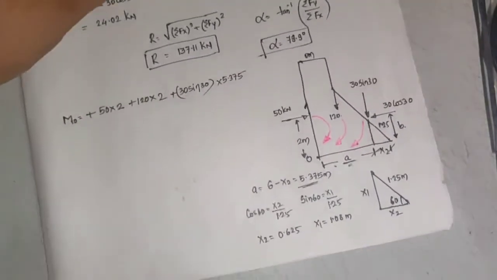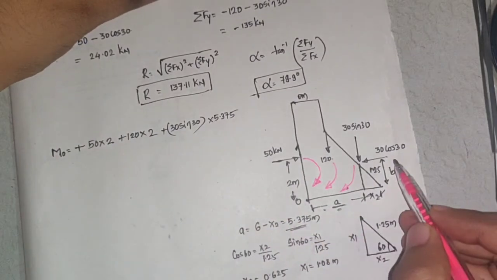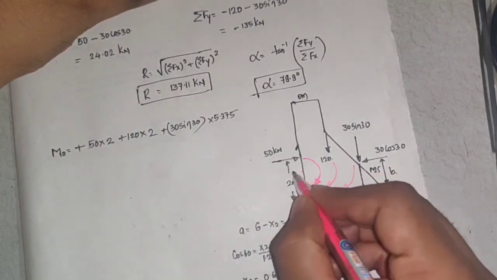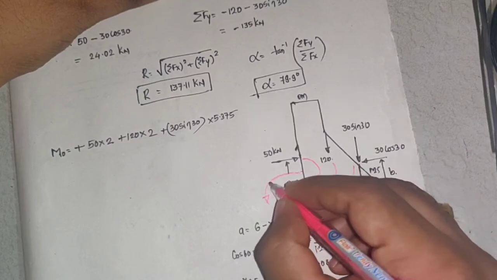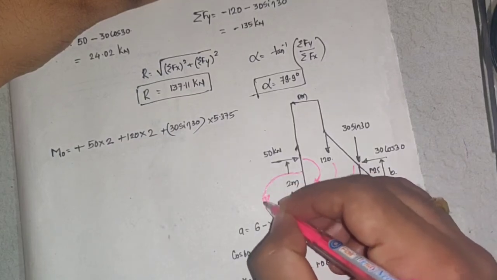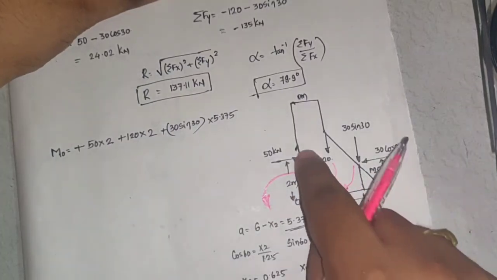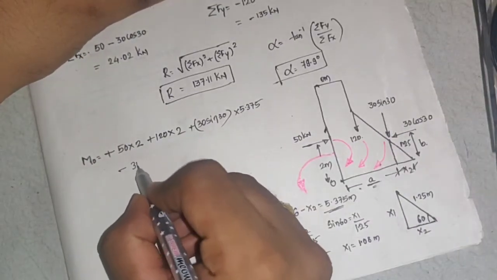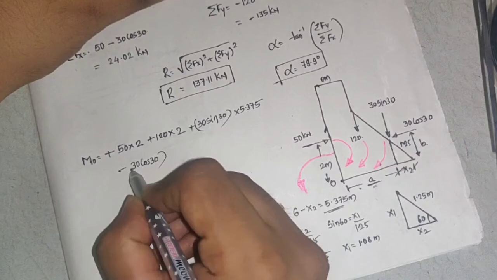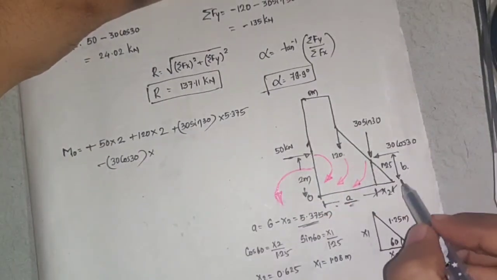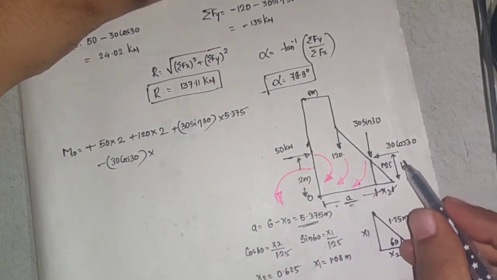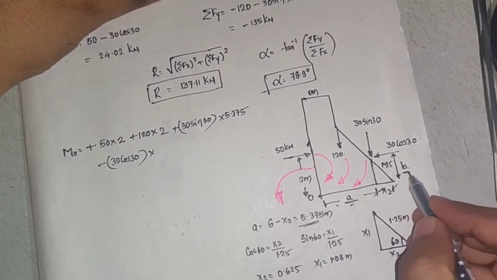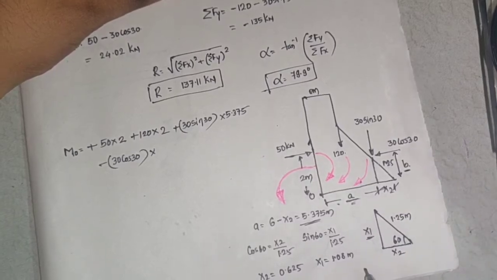How will 30 cos 30 rotate about O? It will rotate like this, anti-clockwise. So this is minus 30 cos 30 into the perpendicular distance. Perpendicular distance is this B, or what is B? B is nothing but x1.